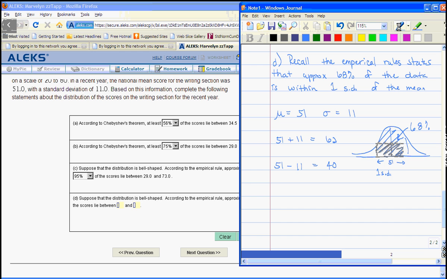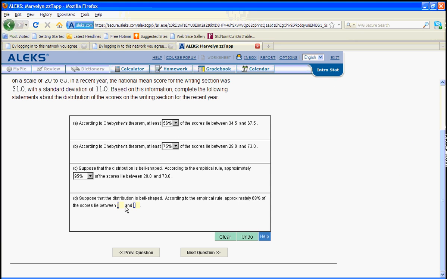I think that'll make more sense. So 1 standard deviation above and 1 standard deviation below. Well, we're told the standard deviation is 11, so this has to be 62. And this has to be 40. So the values I type in would be 40 and 62. Okay, so hopefully that will help a few of you that got a little bit stuck on Chebyshev's, and you can keep moving through.